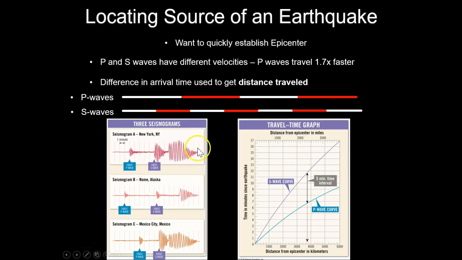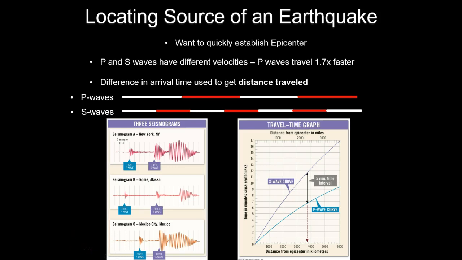But anyways, using both of those things, the specific seismogram records and the travel time graph, we can locate the exact distance from the seismograms at which the epicenter happened.